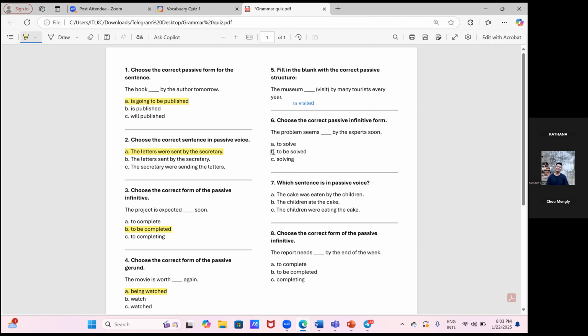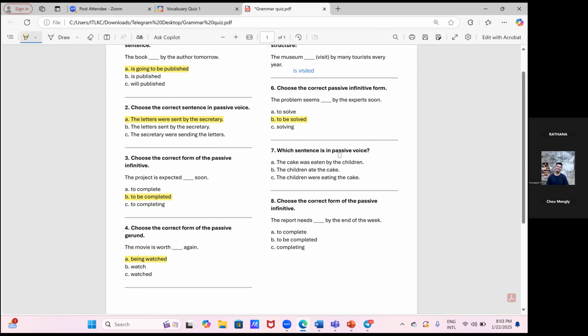Letter B. Infinitive form, passive voice.